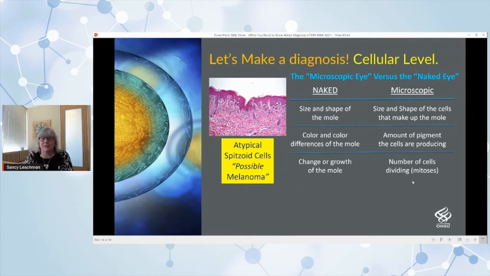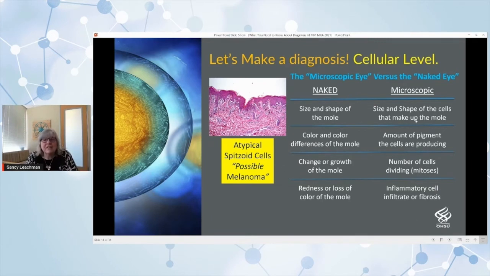There's some gray zone there. And maybe it looks red, or there's some color that's changed. That's a sign for a dermatologist that maybe your mole is going bad. The corollary at the cellular level is if you see inflammatory cells coming in, or fibrosis that's changed.